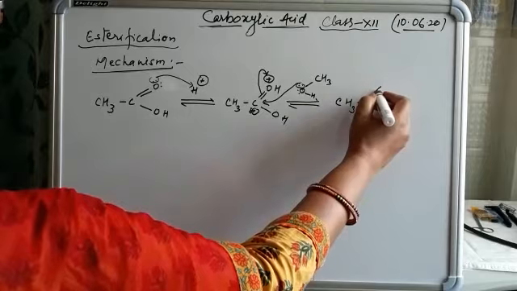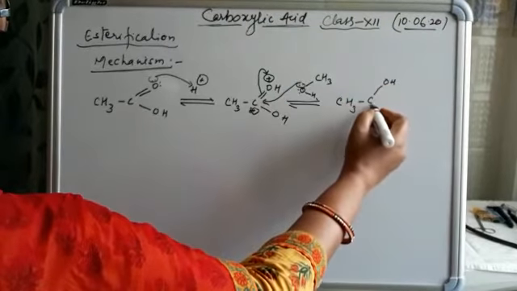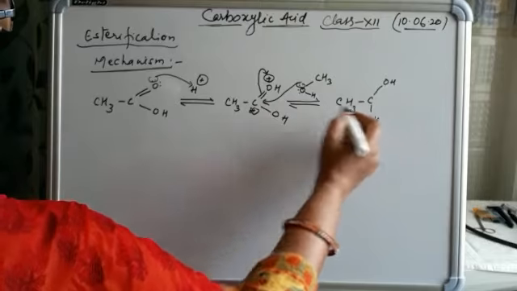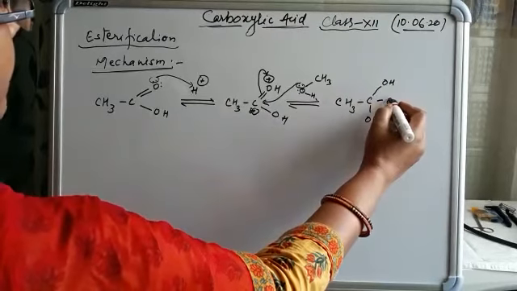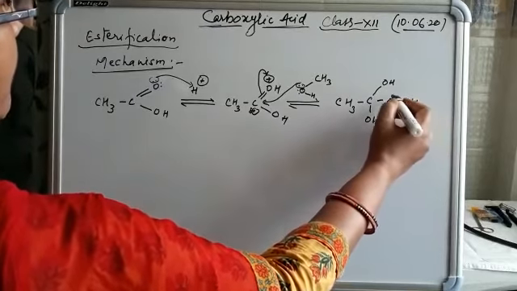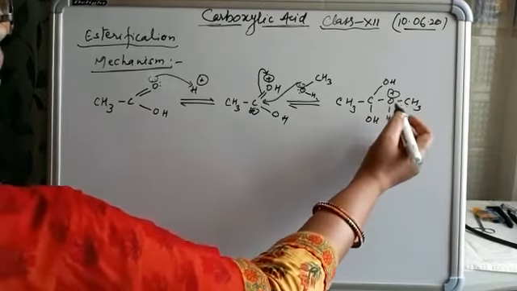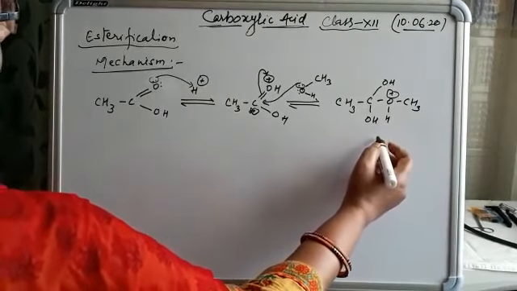CH3, C, single bond, OH, and this OH, and it is attached with O, then H, then CH3, and positive charge appears on the oxygen. What happens? See here.